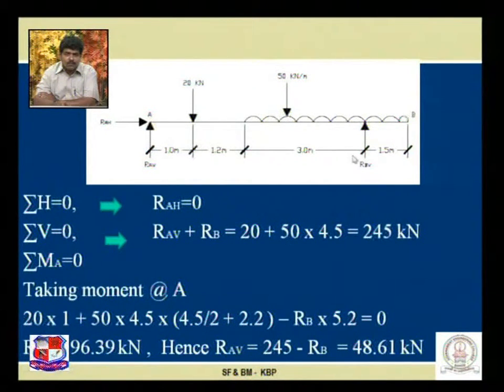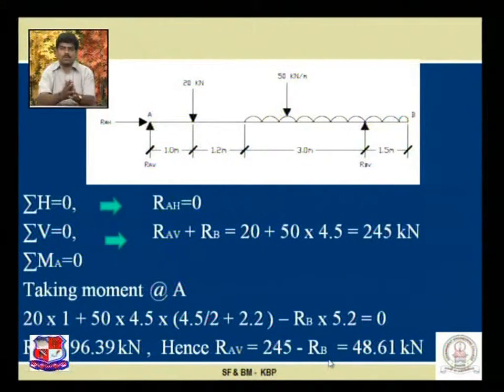Another force is RB, so minus RB into 5.2. Why 5.2? Because 3 plus 1 is 4, 4 plus 1.2 is 5.2. This is equated with 0, and by solving this we get RB is equal to 196.39 kilonewton.